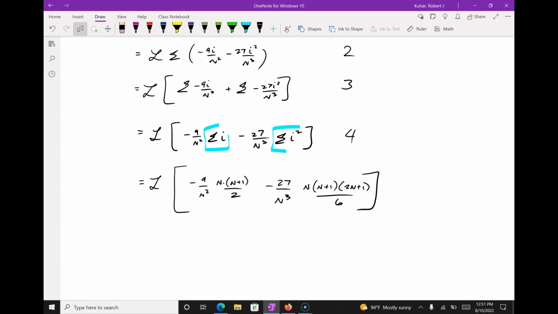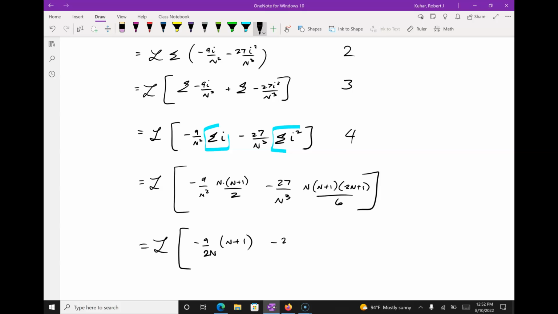And I want to simplify as much as I can. So it looks like I get negative 9 over 2n times n plus 1. Make sure you agree. One of the n's canceled there, right?